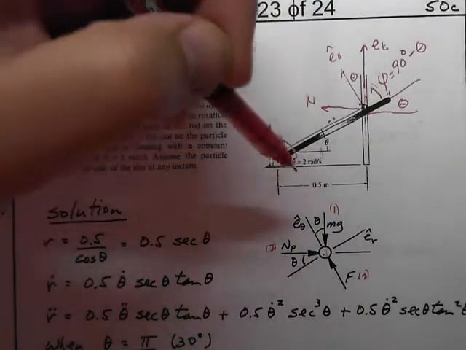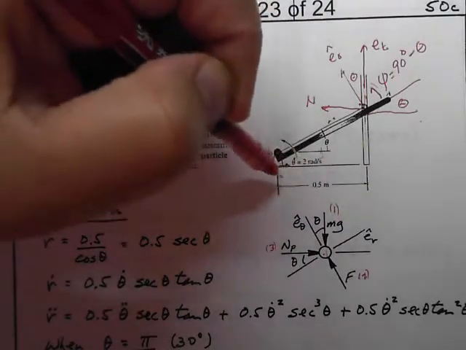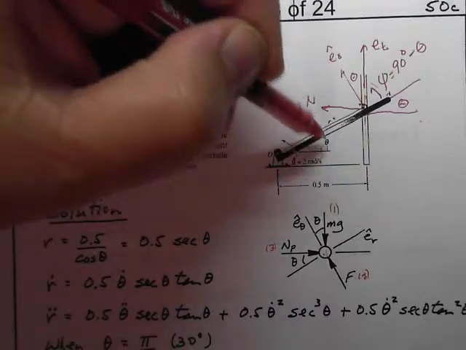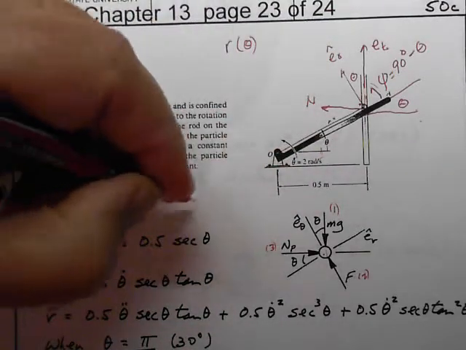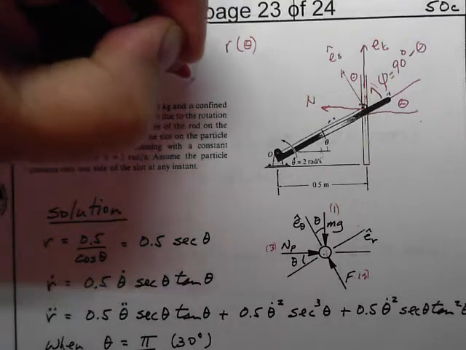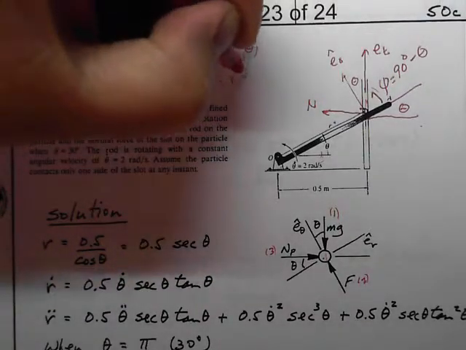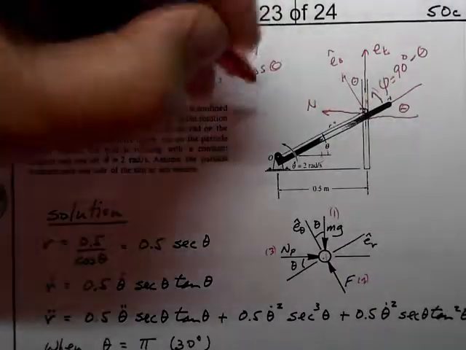And what we can do is say that this 0.5 is r times the cosine of the angle theta. Okay, so 0.5 equals r cosine of theta.